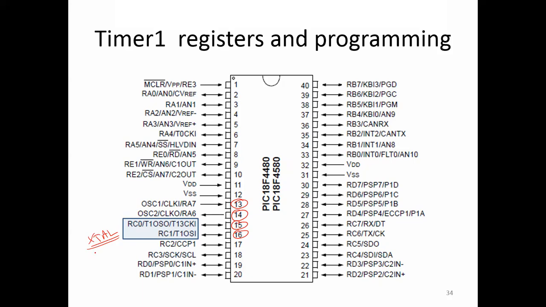So in that case, we have two crystals, one for the PIC microcontroller and one for timer 1. This is the advantage of timer 1. If your application needs precise time, you have to use timer 1, and you have to use an external oscillator for timer 1.